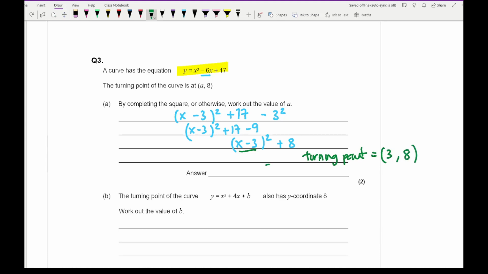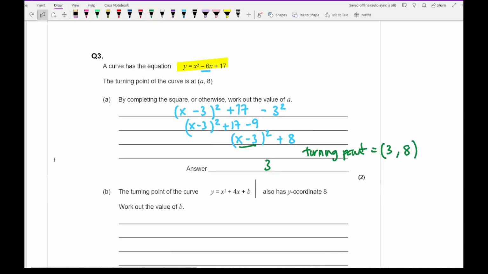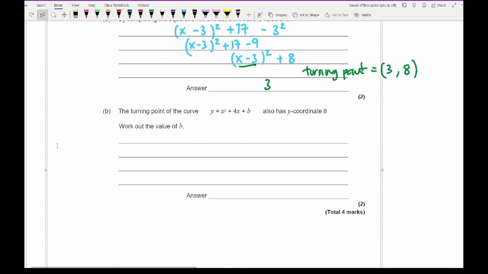So a equals 3. It then says the turning point of the curve y equals x squared plus 4x plus b has a y ordinate of 8. Work out the value of b. So for this, let's have a look at what that's going to be.